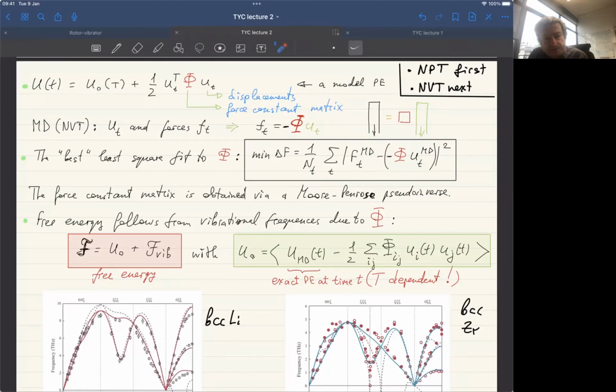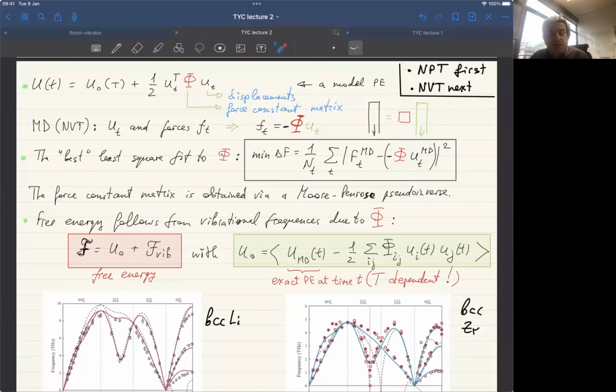But there is a problem. Of course, for each particular molecular dynamic step, we have this relationship. But we have much more information than just one step. We have maybe thousands of molecular dynamic steps.